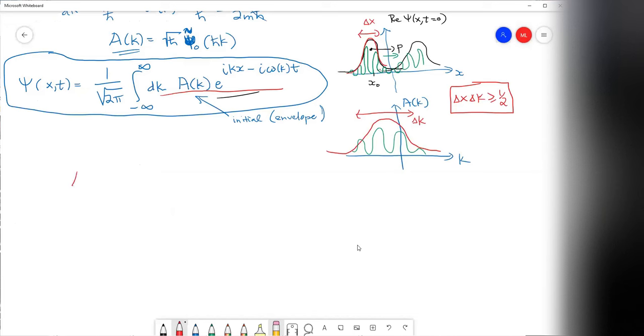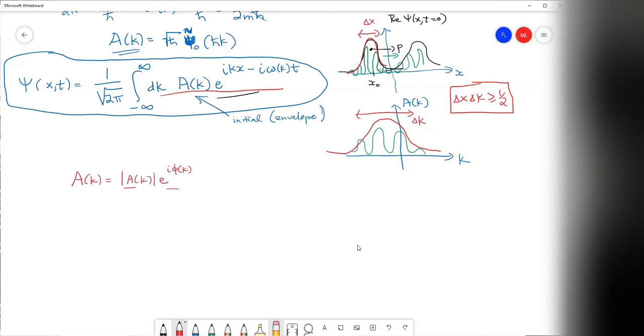But let's think about this amplitude A of k in more detail. It's going to have some magnitude and a phase, which you can call e to the i phi of k. It's a complex function, so I can always break it down into a magnitude and a phase.